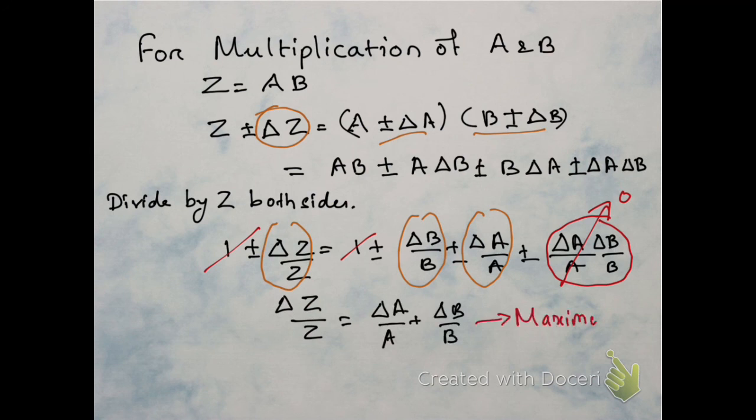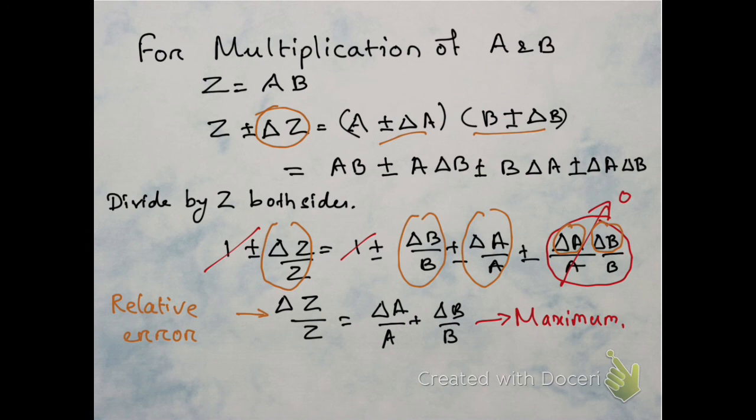We simplify it further by taking delta A by A multiplied by delta B by B as near to 0, because this is one small term and this is another small term. A small term into a small term is very much less than 0, so we are neglecting this.